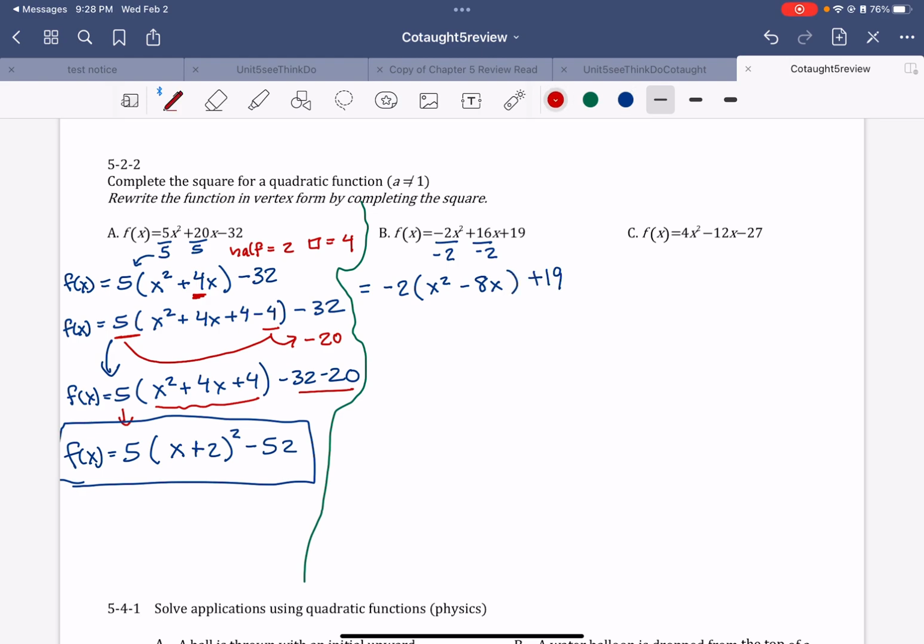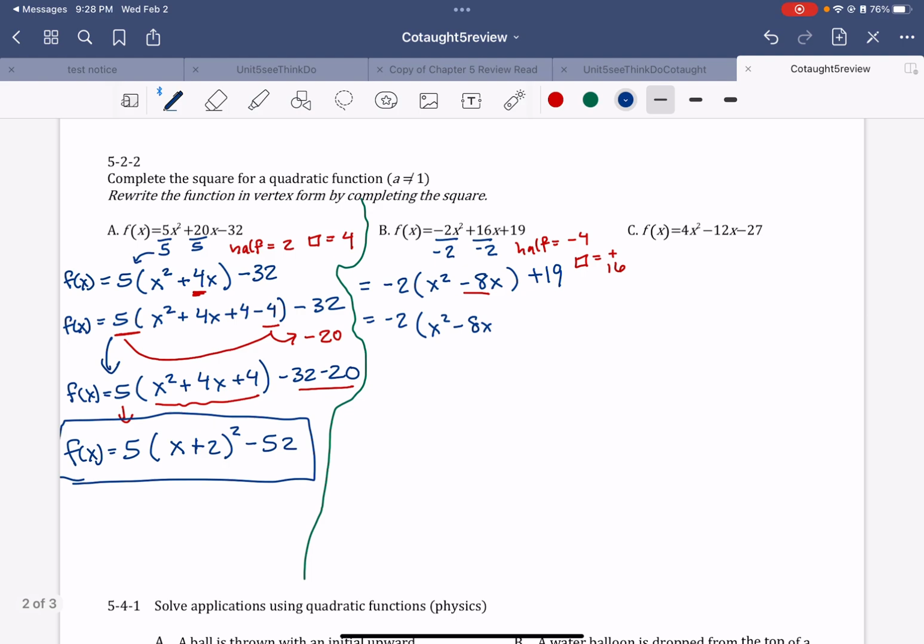All right. My half is going to be half of negative 8, so my half is going to equal negative 4, and my square will equal positive 16. Okay, add and subtract my square. Make sure you don't lose this a, this negative 2 out front. You don't want to lose it, so make sure you always keep it in every step.